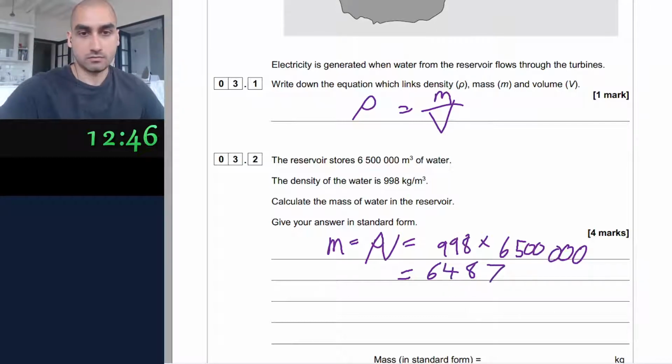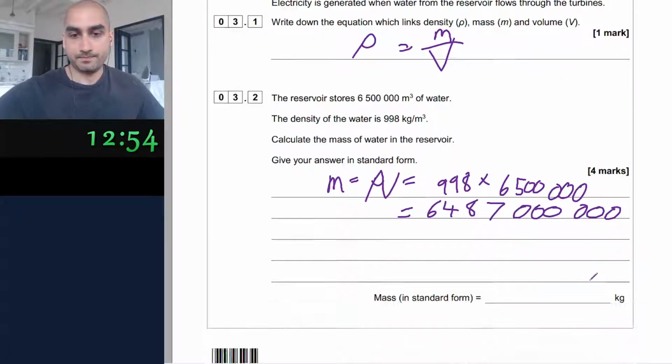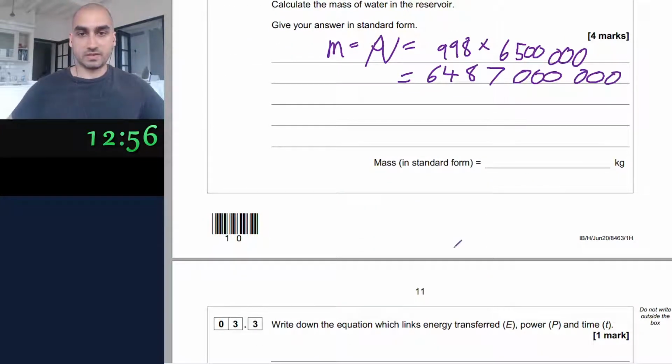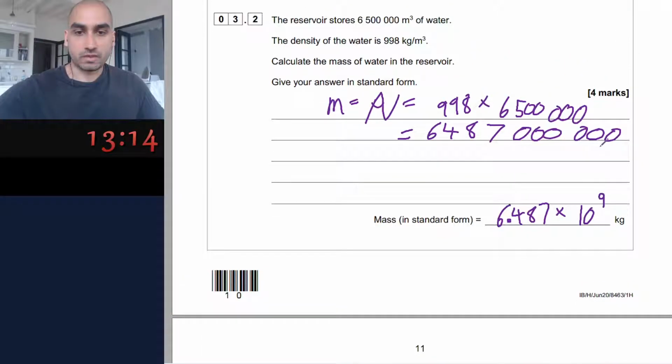So let's say 6.487 times 10 to the 9 kilograms.